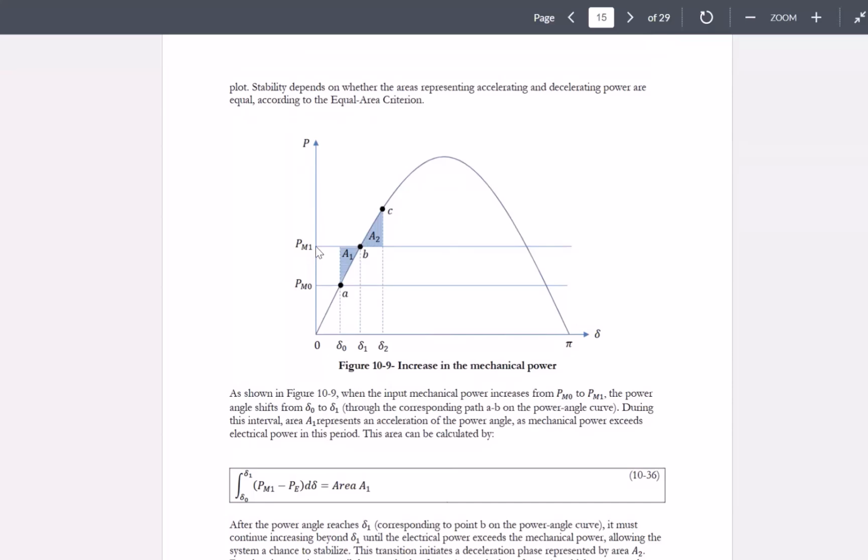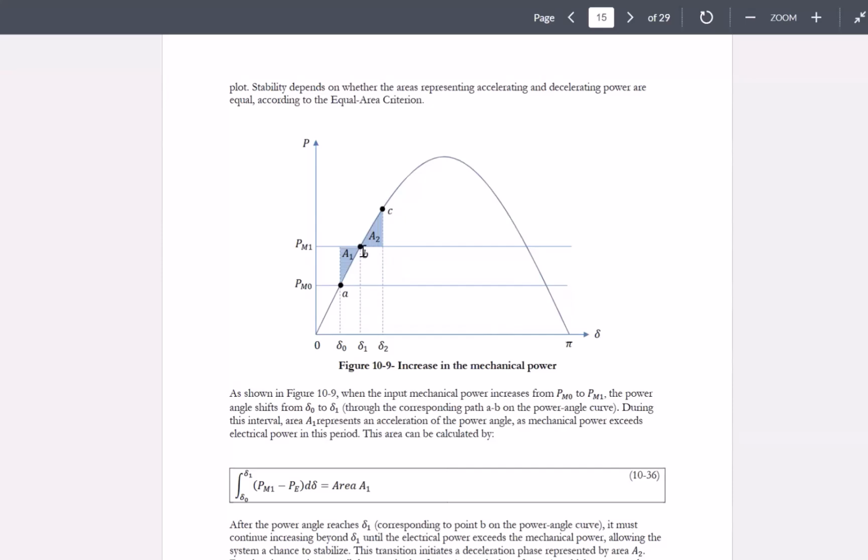We're going to push more mechanical power, which means that if we're going to be stable, then our ultimate power angle would need to go from delta 0 to delta 1, where delta 1 is the intersection point between PM1 and your sinusoid, or point B. So we have to settle down at point B at some time.